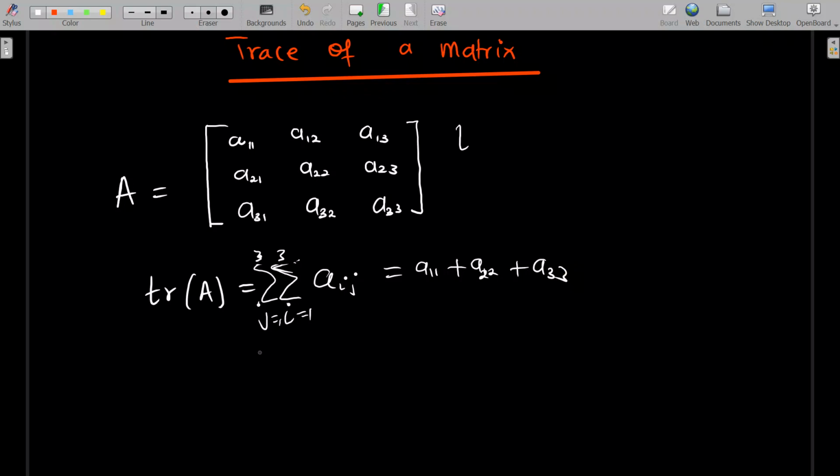The way to see this summation is first summing along i, you're going to get A1j plus A2j plus A3j, because i is going from 1 to 3, and if you then sum along j, you're going to get A11 when j is 1.